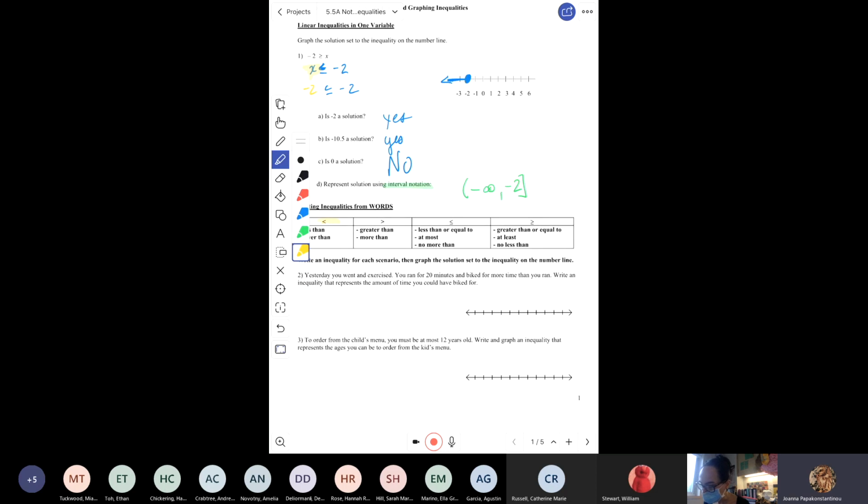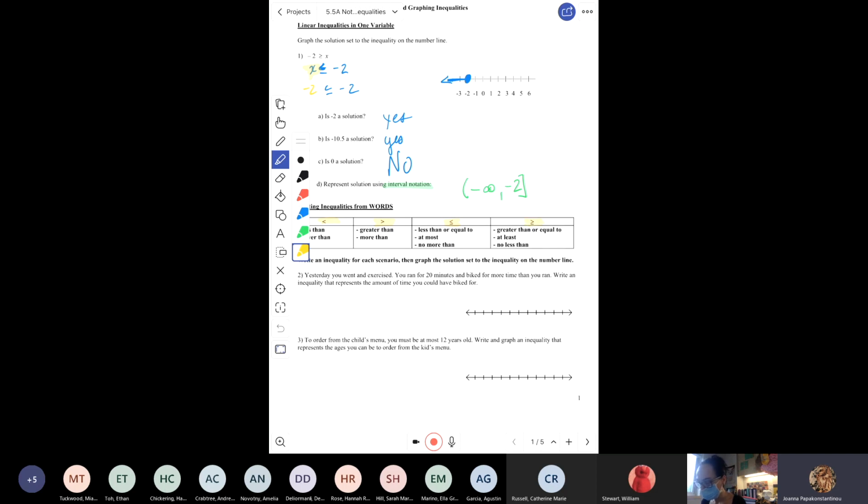If I see greater than, or more than something, we should see the greater than symbol. If it's less than or equal to, or at most, or no more than, then it would be less than or equal to. And similarly, greater than or equal to, or at least, or no less than, you should think of this inequality symbol.